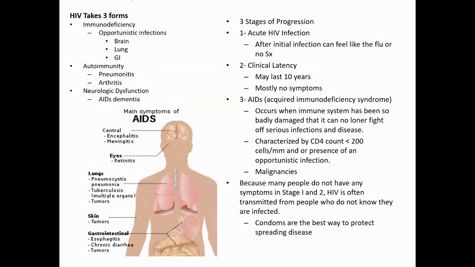So HIV takes 3 forms, okay? Immunodeficiency, autoimmunity, neurologic dysfunction. Immunodeficiency, we understand what that means. Somebody has HIV virus, opportunistic infections start to take advantage, and infections in the brain.